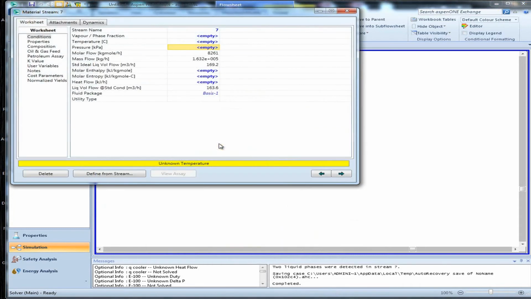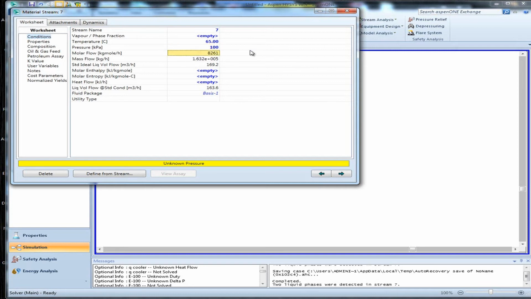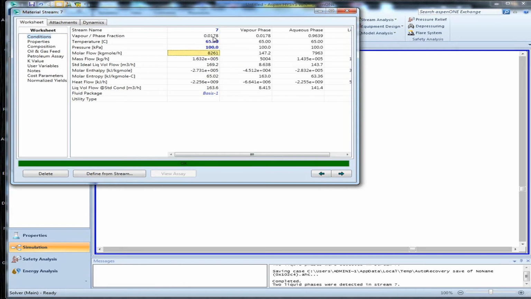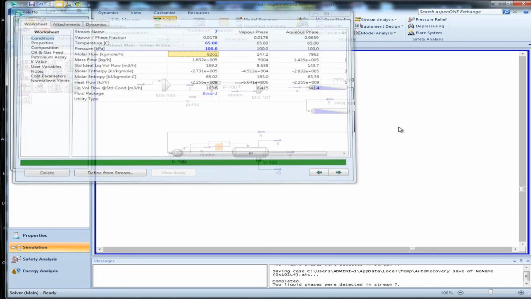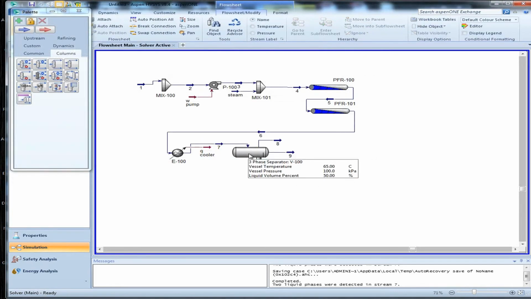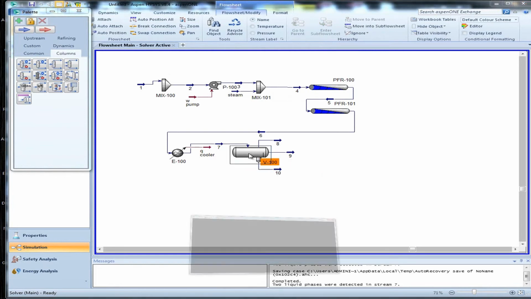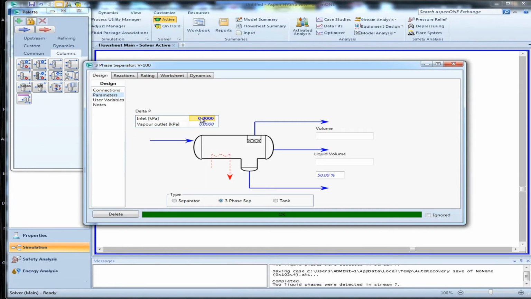And of course you need to check the vapor fraction, that you have something not 0 or 1. So let me reduce that to 65 degrees Celsius and 100 kilopascal, and the fraction of vapor is about 2%. To do more separation, I put in a pressure reduction of 10 kilopascal here.